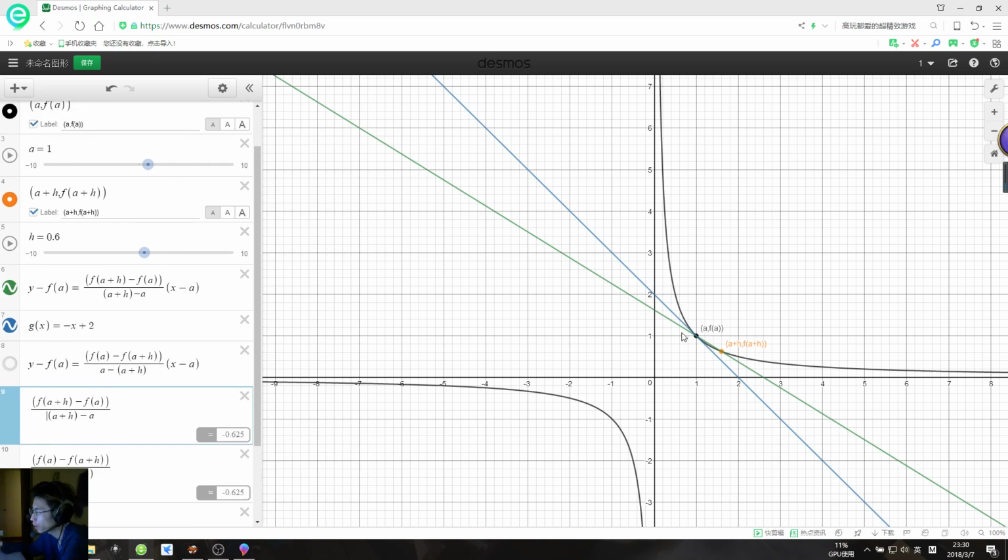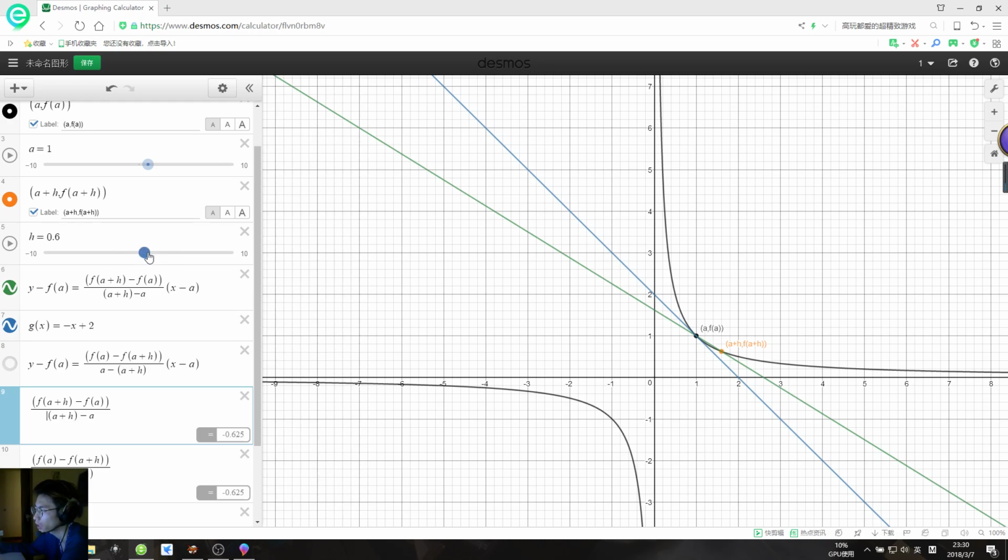so how do I get the slope of the tangent, the IRC, instantaneous rate of change?